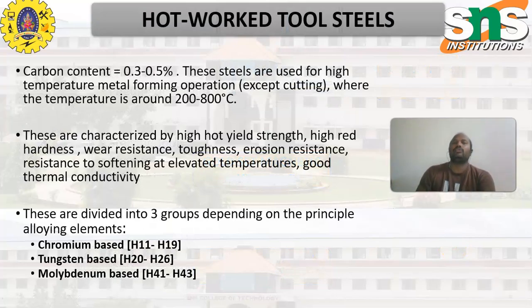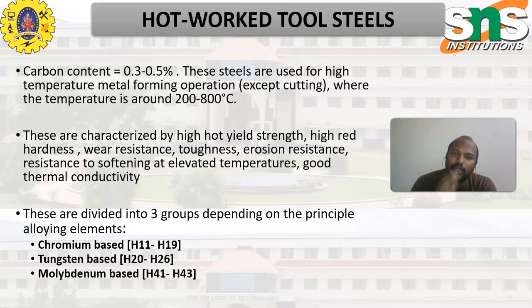The next one is hot work tool steel. Here the carbon content is from 0.3 to 0.5%, right? These steels are used in high temperature metal forming operations, where the temperatures are around 200 to 800 degrees Celsius. As the name implies, it is used at high temperature.